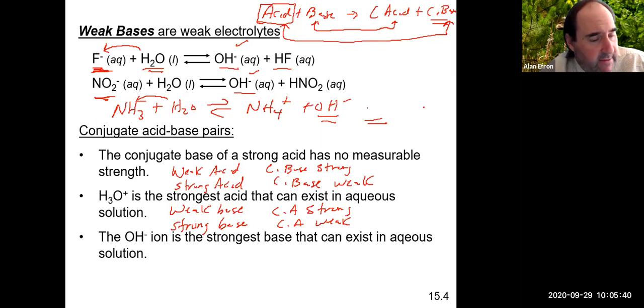This relationship is important to understand when we get to that part: if it comes from something that's strong, it's going to be weak and not really going to react. If it comes from something weak, its partner will be relatively strong and will continue to react. So H3O plus is the strongest acid we could have in solution, and OH minus is the strongest base we could have in solution, in terms of their representations.